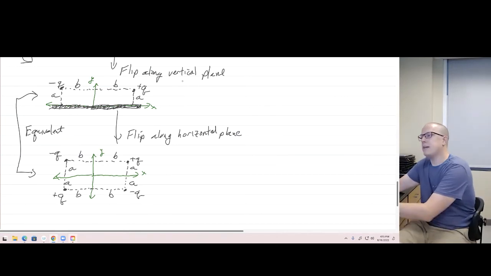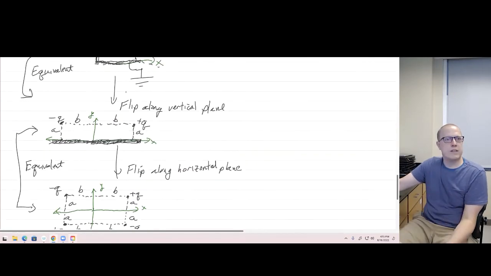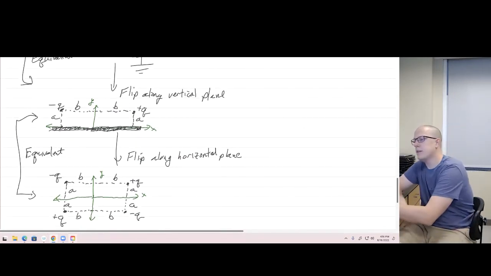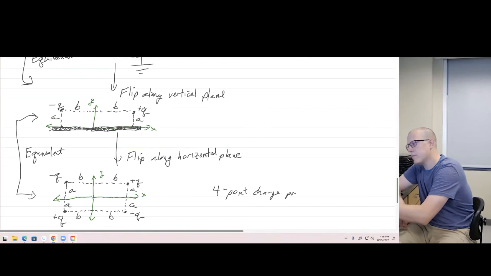And so the idea is that since all of these are equivalent, they all have the same boundary conditions. Now we have this 4-point charge problem. We know that it will have the same solution as the single charge with the corner plane.